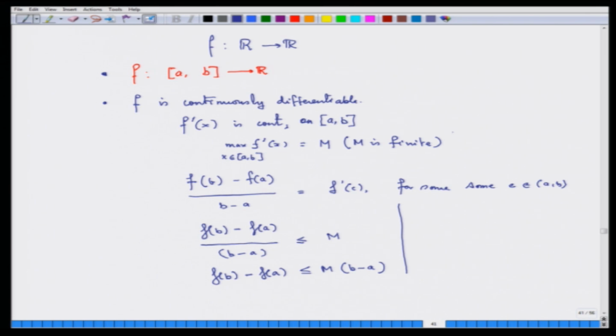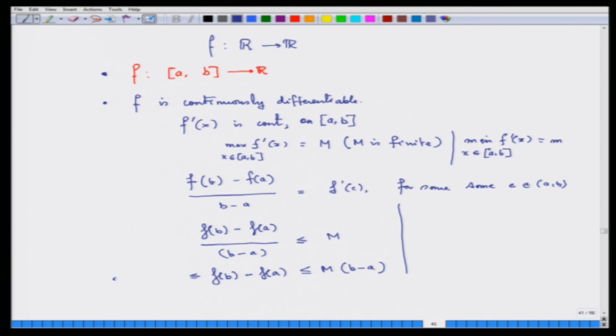But you also know, because of our studies about continuous functions, that the minimum value of this f dash x over x in a b also exists. So, this is m, and f dash c is then greater than or equal to m because m is the minimum value.